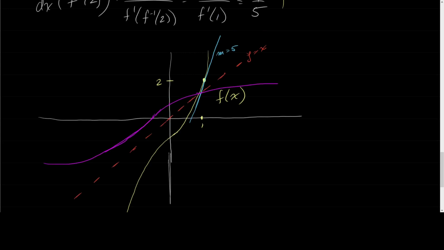That point 1, 2 is on f of x right here, right? Well, the point 2, 1 is going to be on the inverse. This is not drawn to scale, right? So let's say that's 2. That's the point 2, 1.